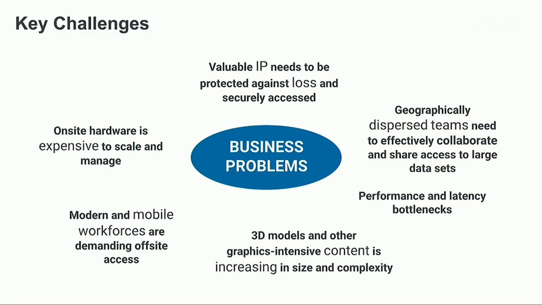That really is number one for all of those use cases I described. Another is that on-site hardware is expensive to scale and manage. If you are purchasing workstations, they're under the desk. If you need to scale, grow, hire more people, or contractors or vendors need to get access and work with you, it's more complicated. You have to wait 6 weeks to get the workstation, and you may not need it all year long. Did you get your ROI on it? That's a common problem as well.